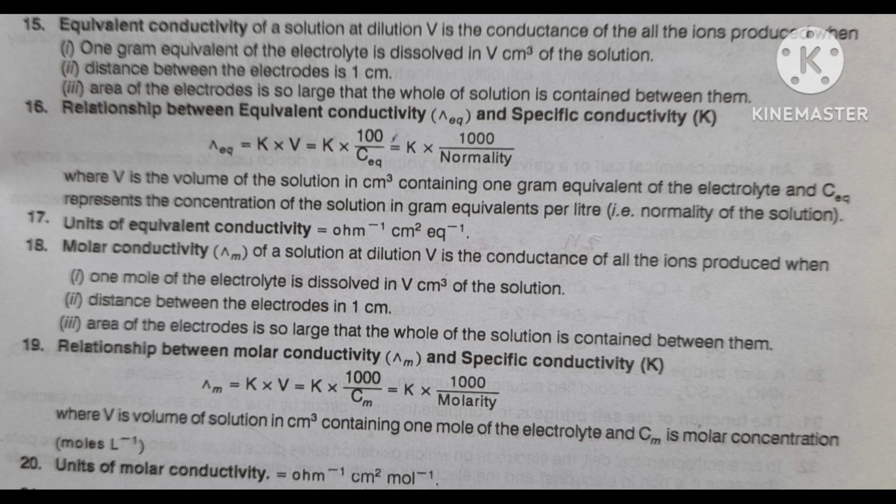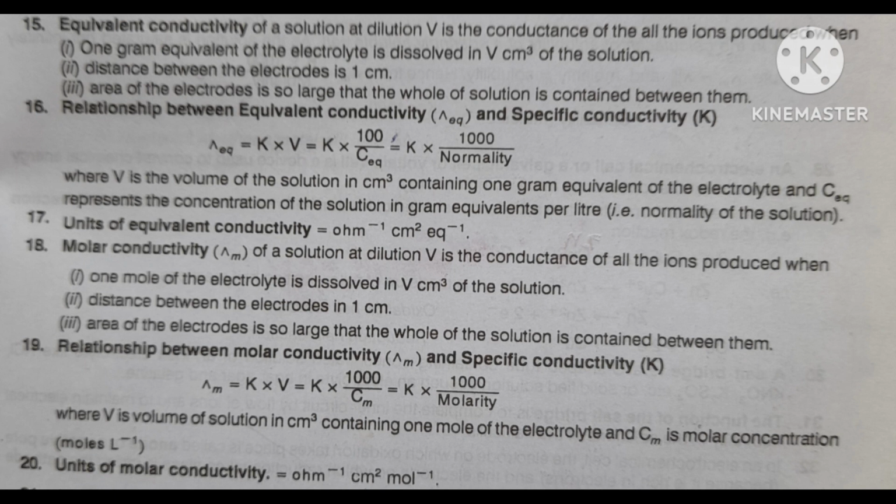At that time we wrote C equivalent concentration. Now we are writing Cm, small m, molar concentration, and it is called molar conductance. Then molar conductivity is equal to K into V, then again K into 1000 by Cm.